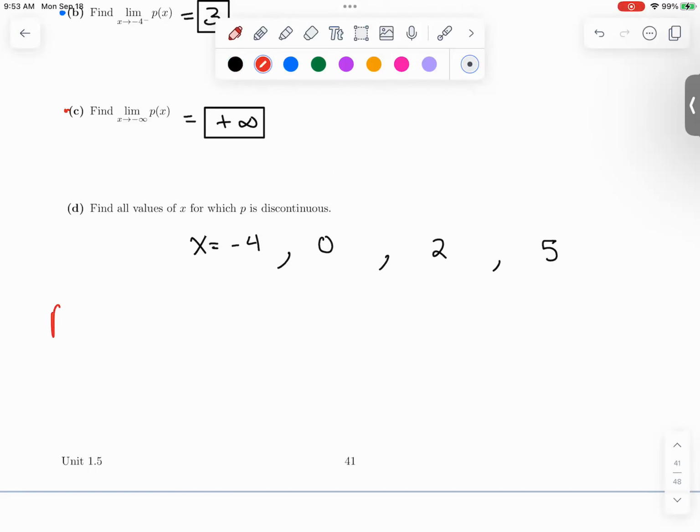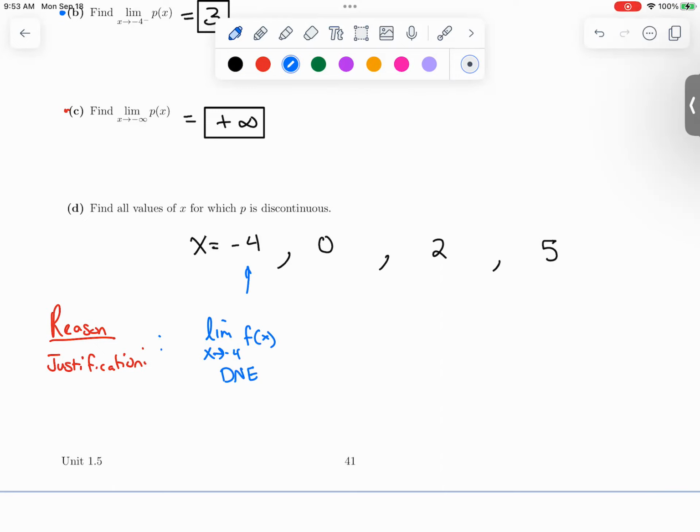So we're going to write reason or justification. For -4, the limit as x approaches -4 of p of x does not exist. And that's all we would need to write.